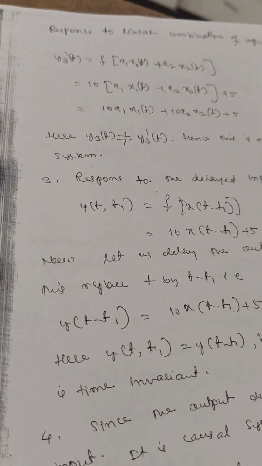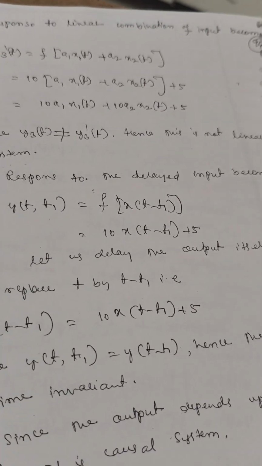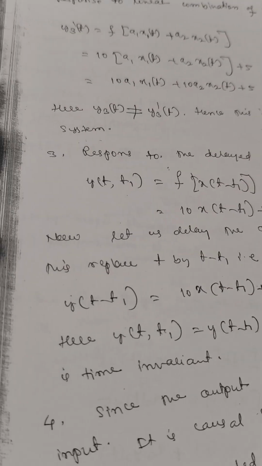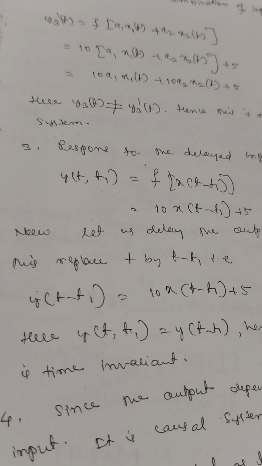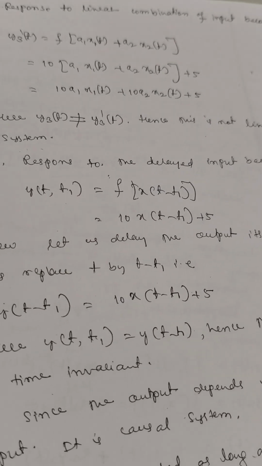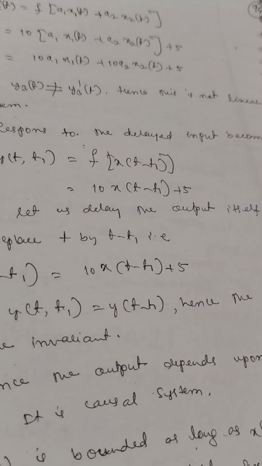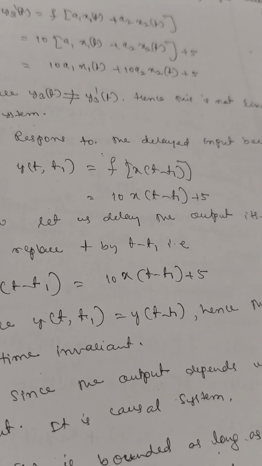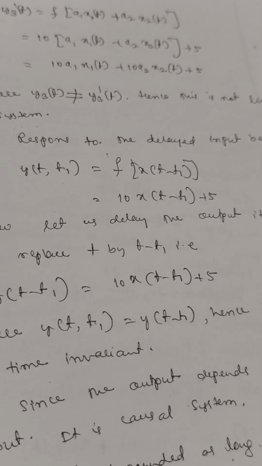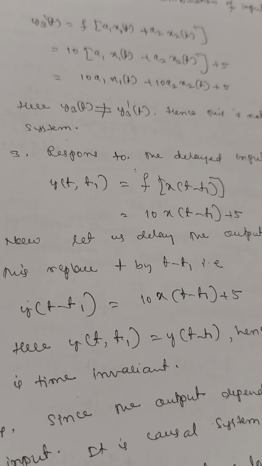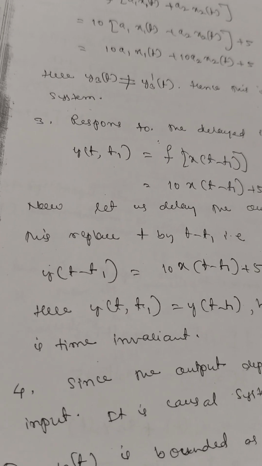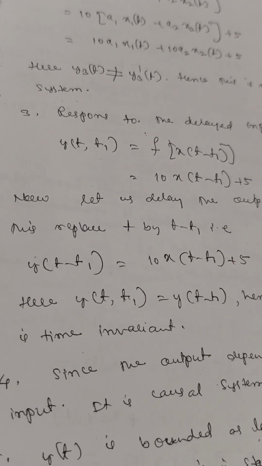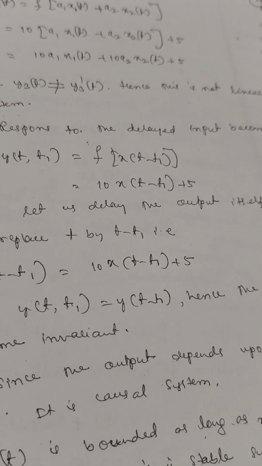Therefore here you see, if you delay the input, we get the output as 10x of t minus t1 plus 5. When we delay the output itself, that means we replace t by t minus t1, then we get y of t minus t1 equal to 10x of t minus t1 plus 5. Here you observe that y of t comma t1 and y of t minus t1 are both the same.